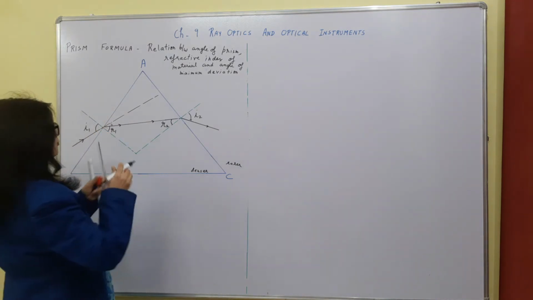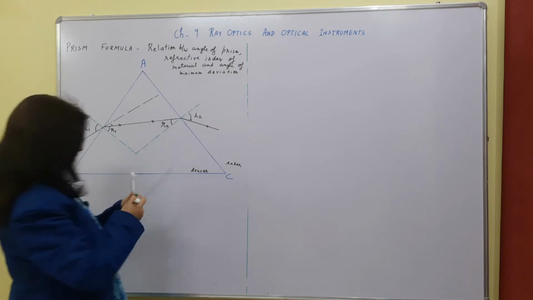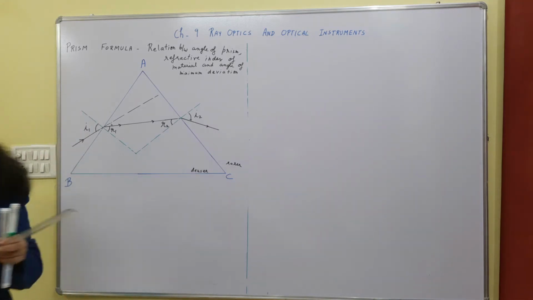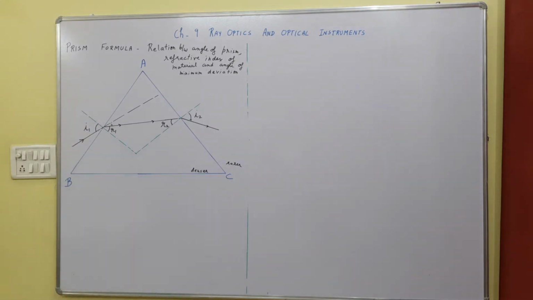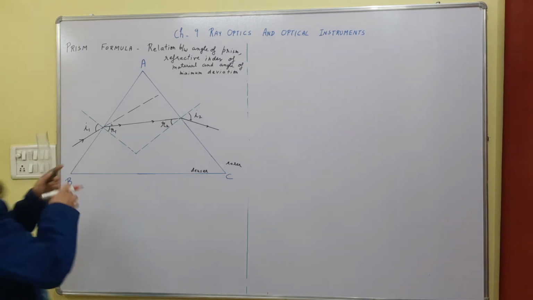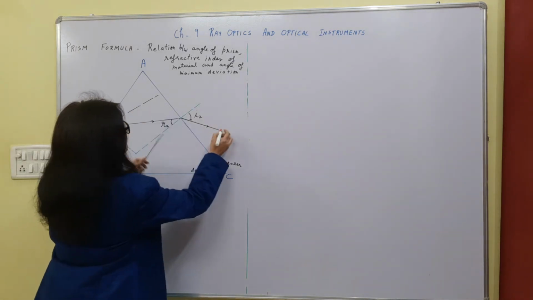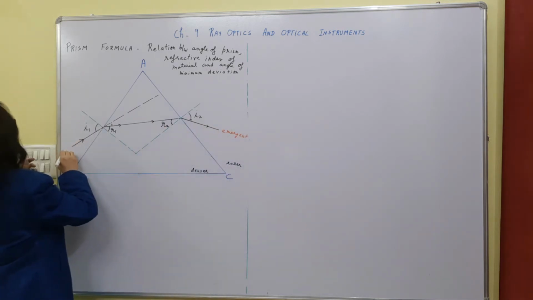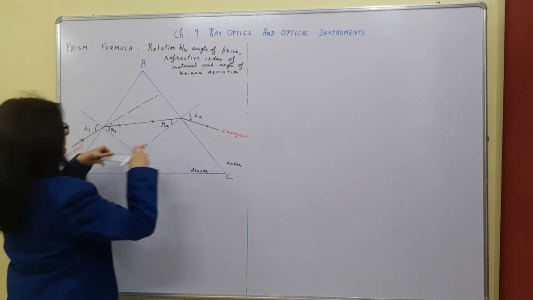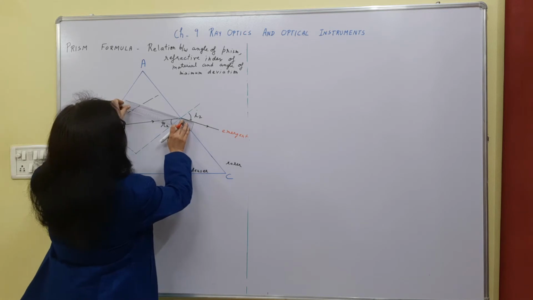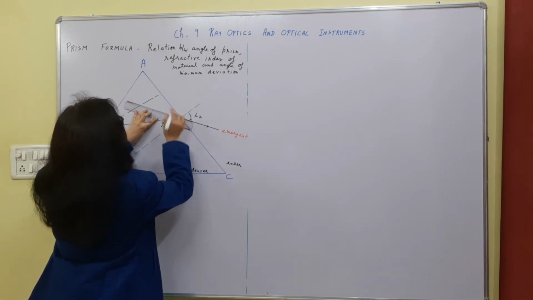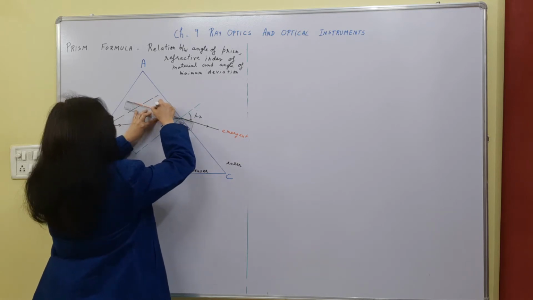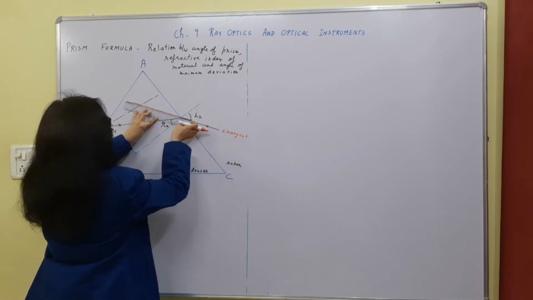So what will I do to find the angle of deviation? I will extend it backwards. I will extend the emergent ray. This is the emergent ray and this is the incident ray. So I am extending this emergent ray backward in order to find the angle of deviation.